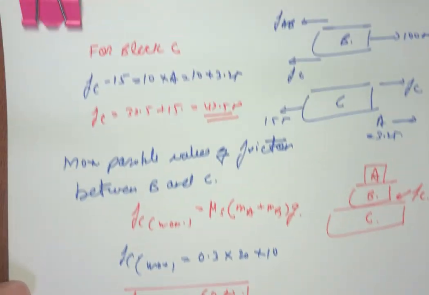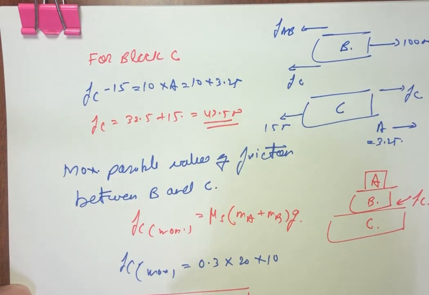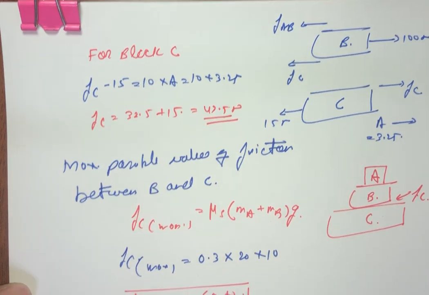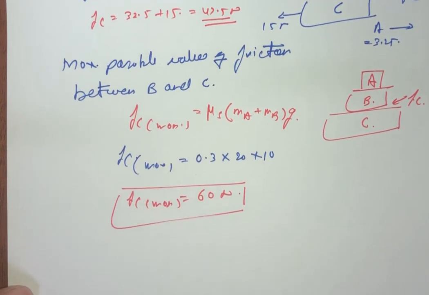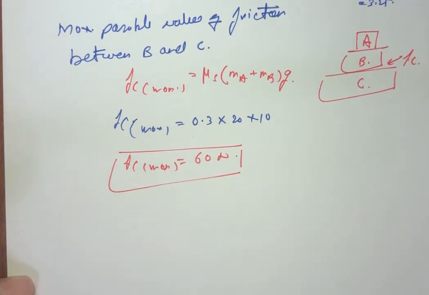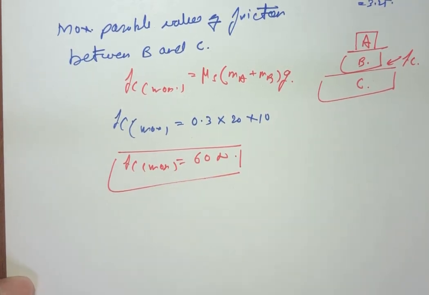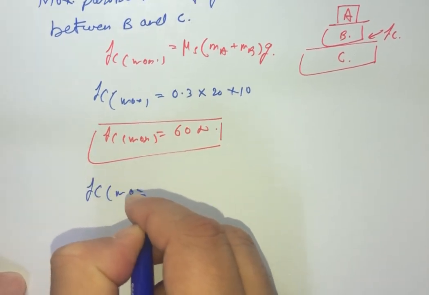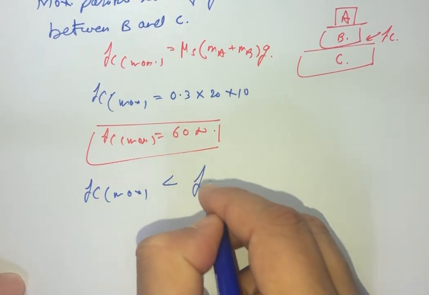Now if you compare the maximum value which we got and the value of the friction FC, you can clearly see that FC is less than FC max.